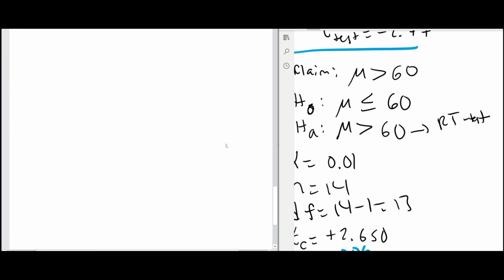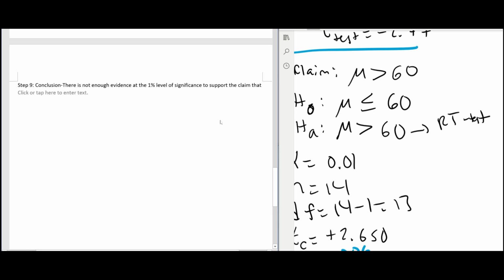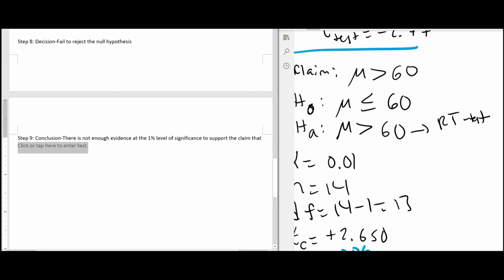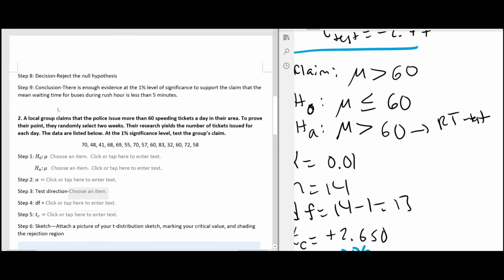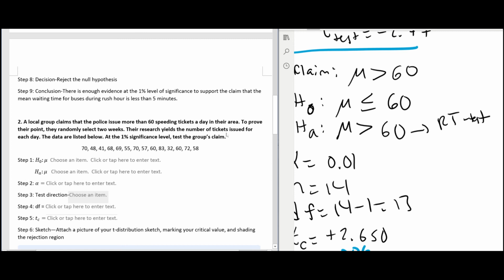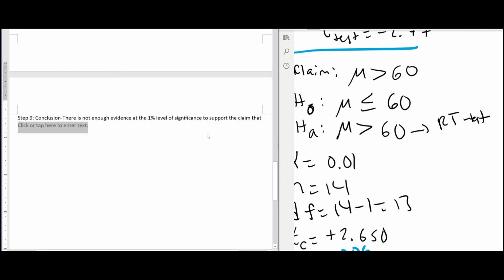Let me go back here. There is not enough evidence to support the claim that, and then this is where you type in the claim, so that the mean number of, let's see, the mean number of tickets, I think it said, yeah, that the police issue more than 60 speeding tickets a day.